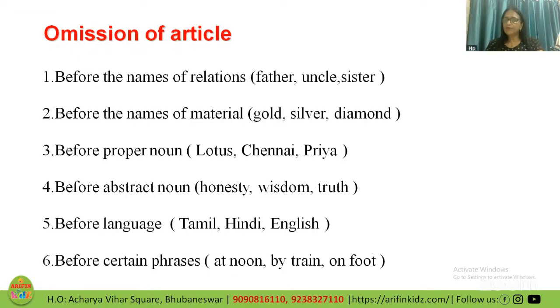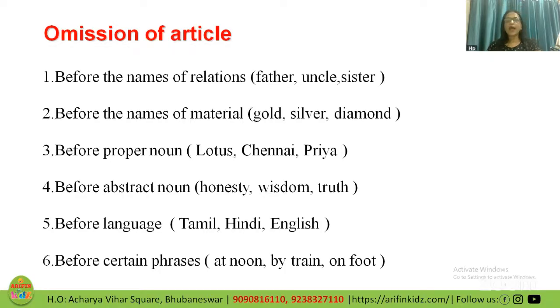When Lotus is used as a proper noun, and as you know a proper noun always begins with a capital letter, even in the middle of the sentence, we cannot write any article before that. Chennai is the name of a state, like Priya is the name of a girl. So we don't use any article before Lotus, Chennai or Priya.